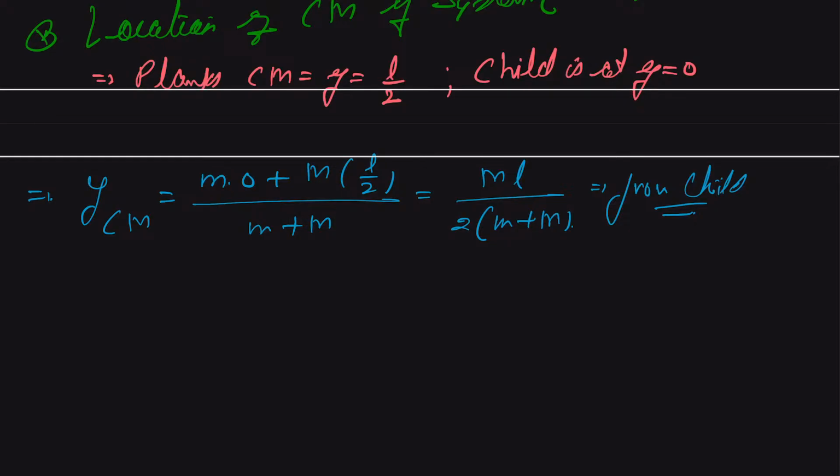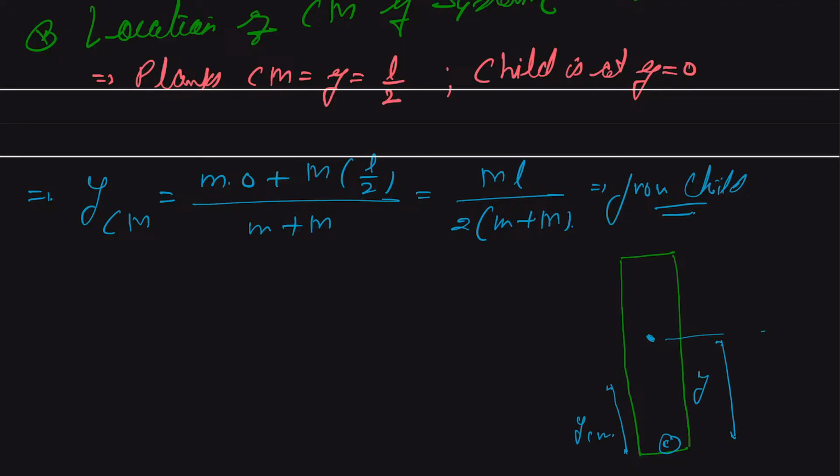Let me draw it here once again. So the child is somewhere here, and the distance of the center of mass from the child is YCM, and the Plank's center of mass is somewhere here, and its distance is y.